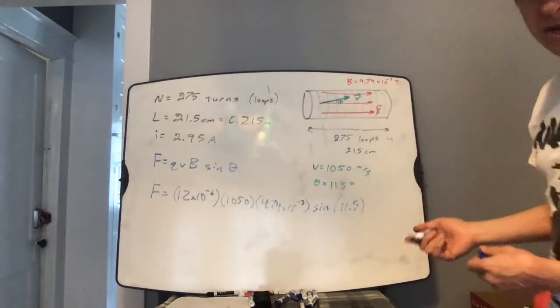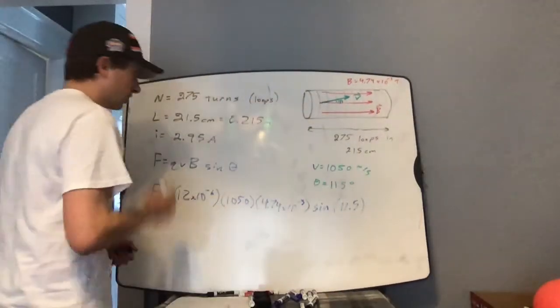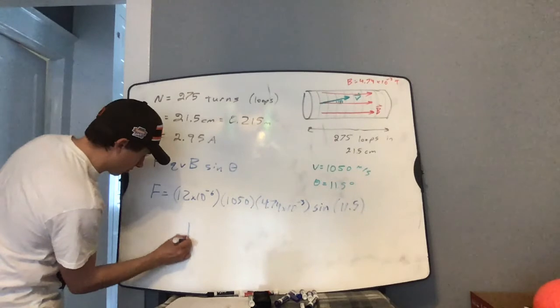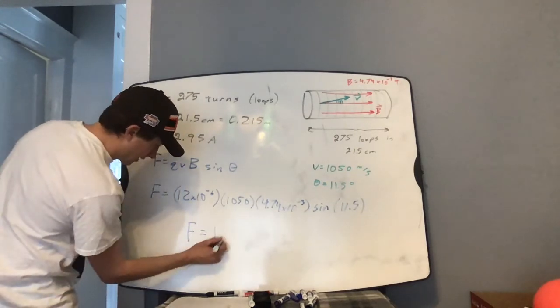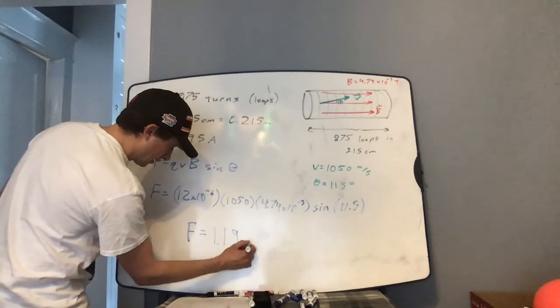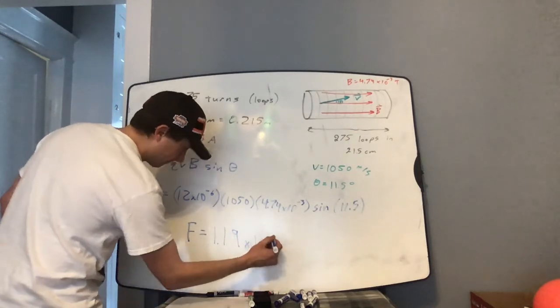If I plug all these numbers into a calculator, I get the force on the charged particle is 1.19 times 10 to the negative 5 newtons.